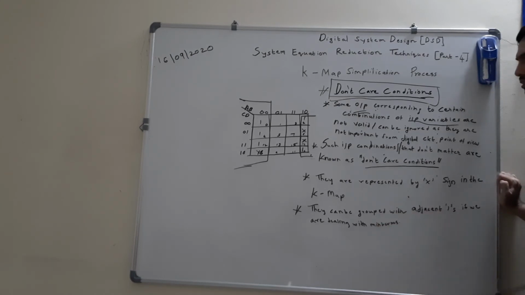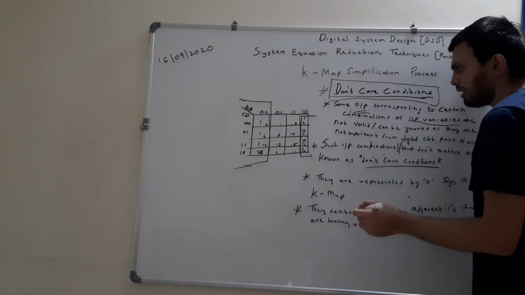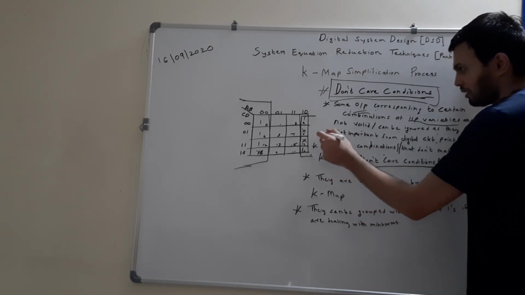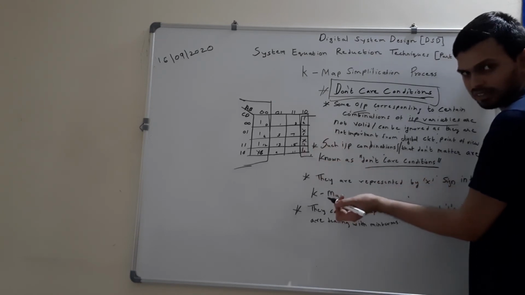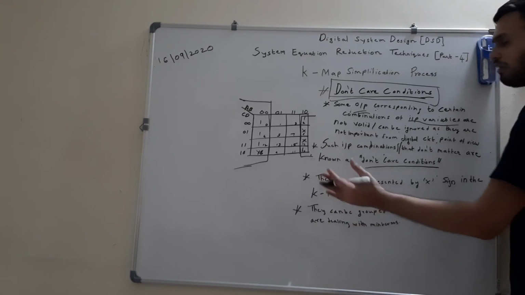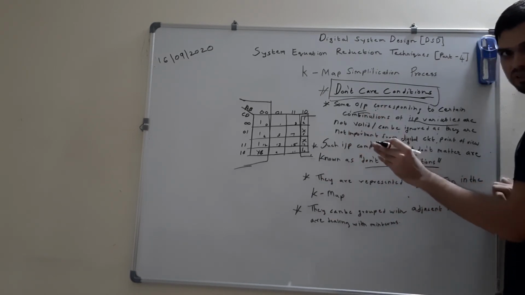Now how will you fill those don't care conditions in the K-map? That would be given in an expression that which all terms are don't care, and you need not worry about it, just understand the concept. When we solve examples based on K-map simplification, you will understand how the question will be asked and how you will determine which are the don't care conditions.